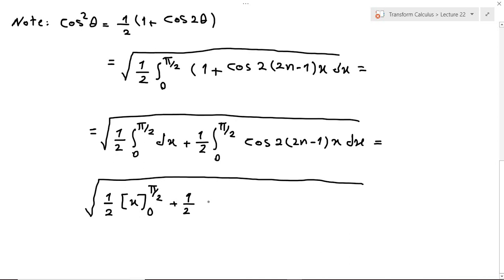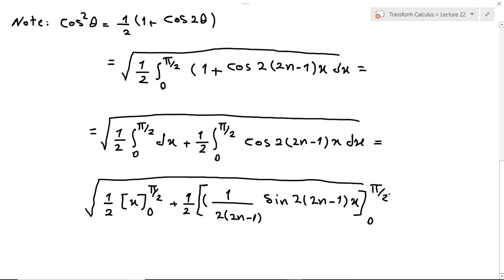It's equal to 1 over 2 times 2n minus 1, sine of 2 times 2n minus 1 x. And I have to apply the upper limit and lower limit, so it's from 0 to pi over 2.